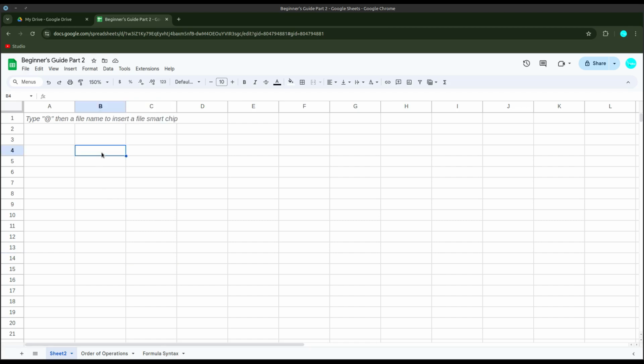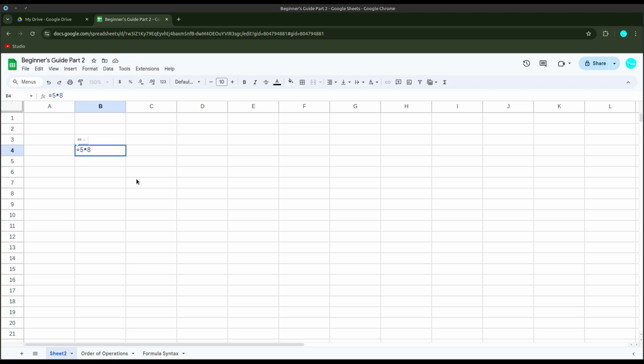First of all, we can use Google Sheets as a basic calculator. In order to do that, what we have to do is simply click on a cell, type an equal sign, and type your equation, like 4 plus 6, or a subtraction like 25 minus 10, or a multiplication, 5 times 8.